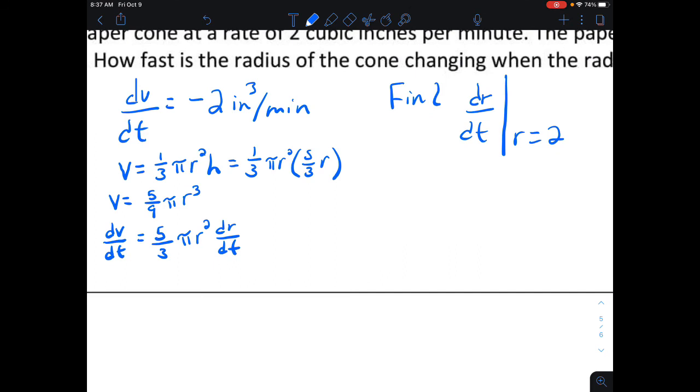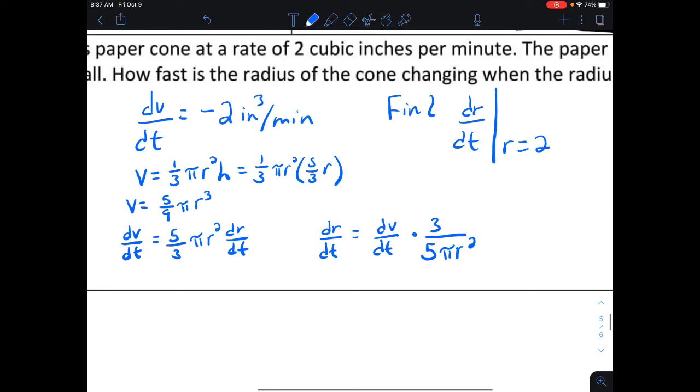We want to find dr/dt. So we're going to rearrange that formula to be dr/dt equals dV/dt times 3 over 5 pi r squared.